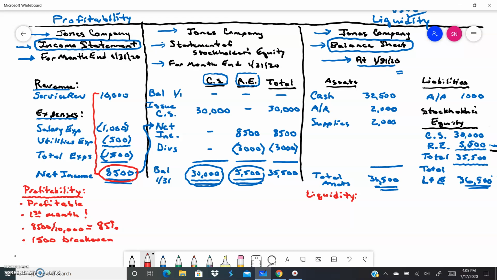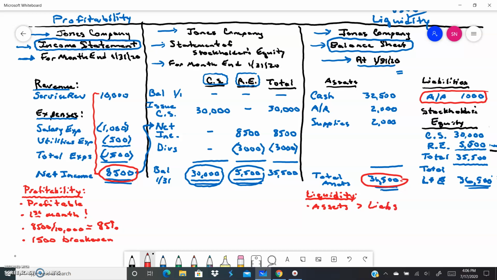So how about moving over to the balance sheet? Liquidity. What could we say about liquidity? Well, first of all, liquidity is a function of being able to pay our debts. In this case, our debts, of course, are our liabilities, and so we'd be focusing in on $1,000. So first of all, I think it's pretty clear that our assets of $36,500 greatly exceed our liabilities.